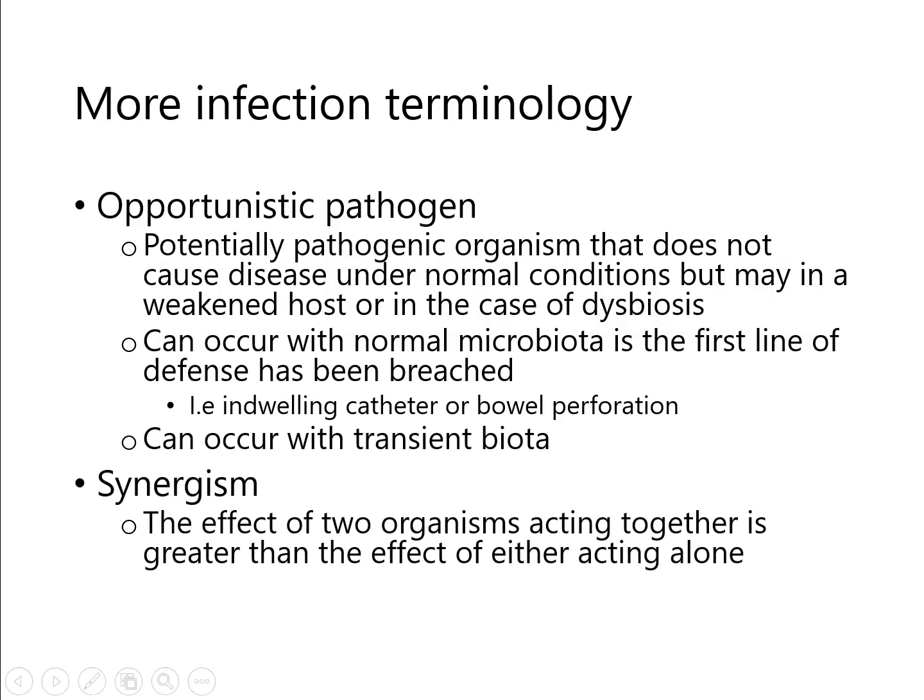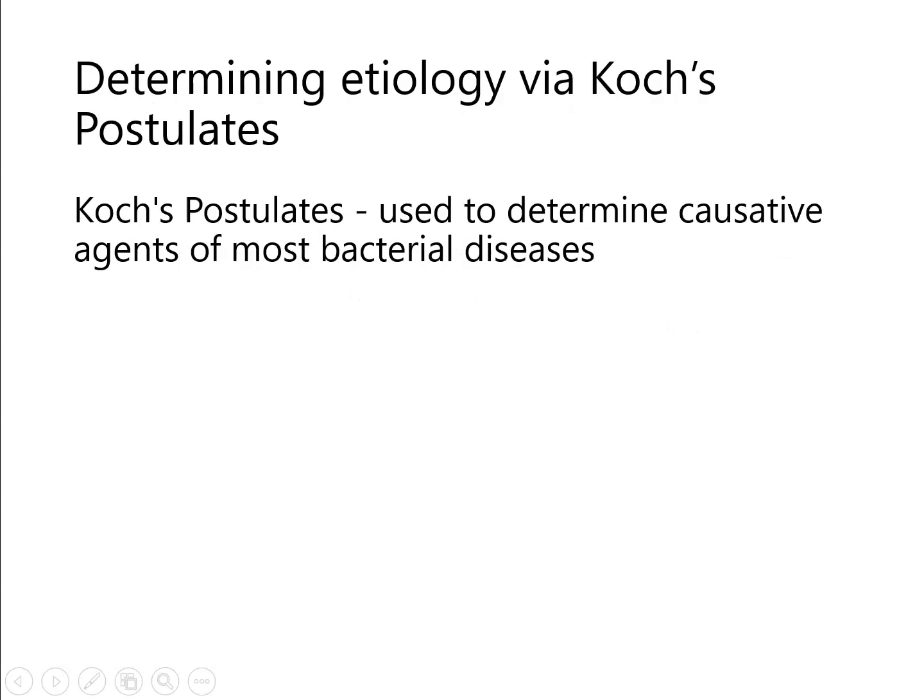Synergism is a general term when two things act together as more than the sum of their parts. And this is something we want to spend a little more time with than we did the first time. So if you think back to the very first lecture, we looked at Koch's postulates. And these were Koch's experiments that were able to really convince people that the germ theory of disease was the best theory.